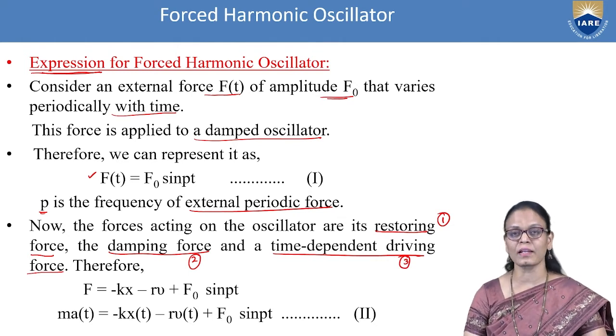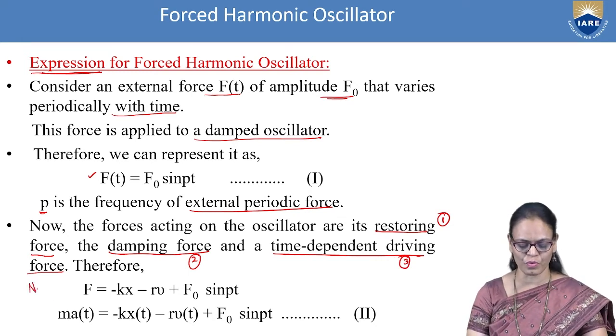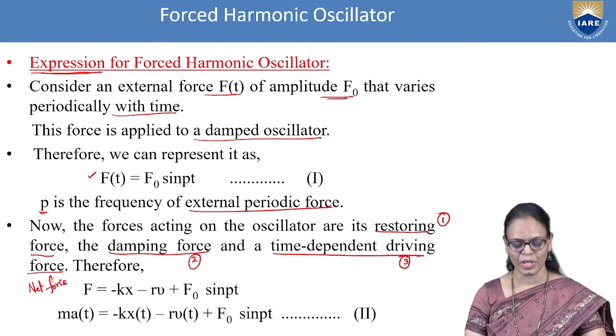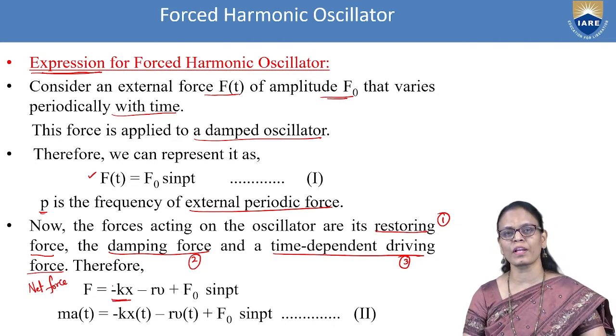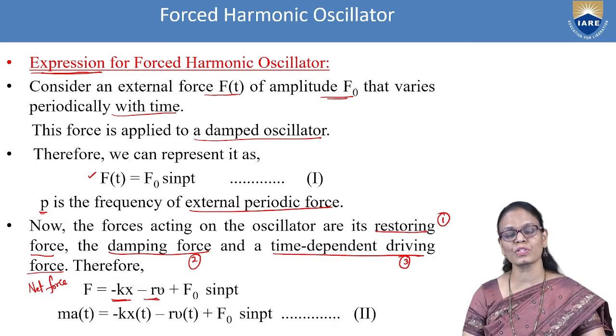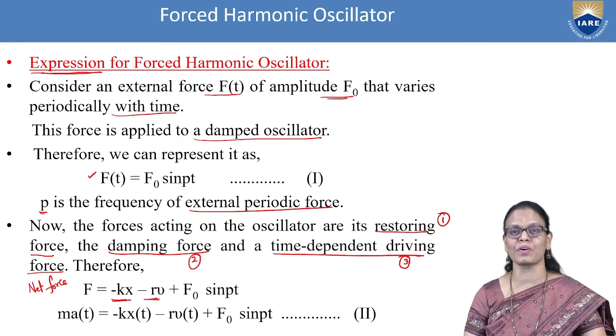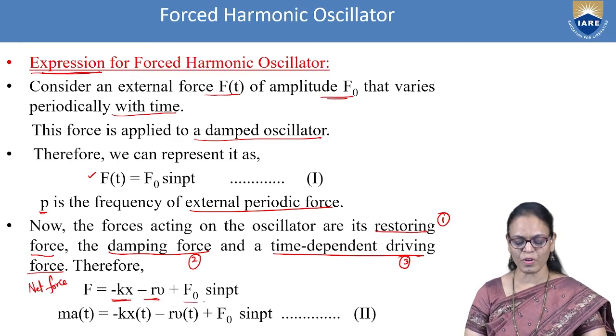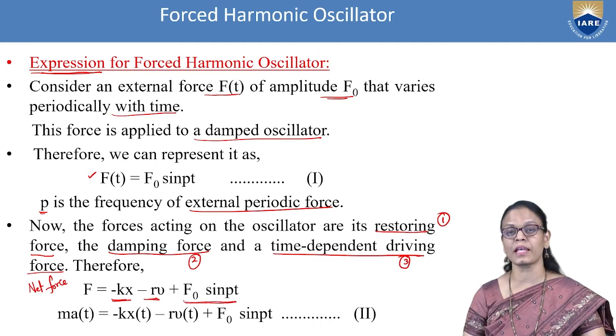So now let us write the expression for the net or resultant force acting on the system. F is equal to minus Kx, which is the restoring force that acts in a direction opposite to the displacement, minus gamma v, which is the damping force that acts in a direction opposite to the velocity, and F naught sine pt acts in the same direction as the force.